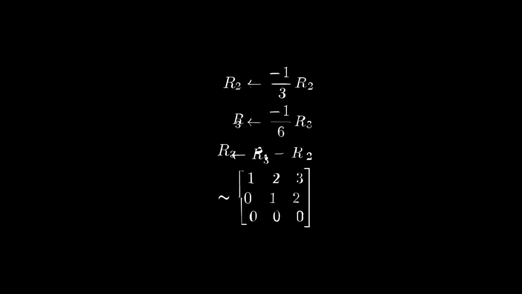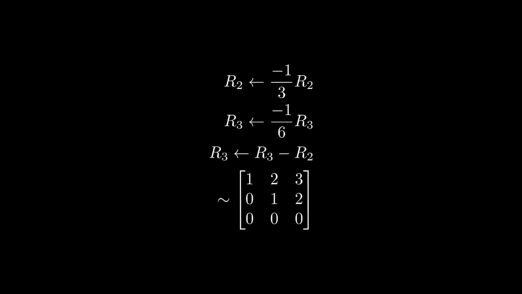And then we'll keep going. We can actually get rid of the third row. It's all zeros now. So you can see we have equivalent to 1, 2, 3, 0, 1, 2, 0, 0, 0.